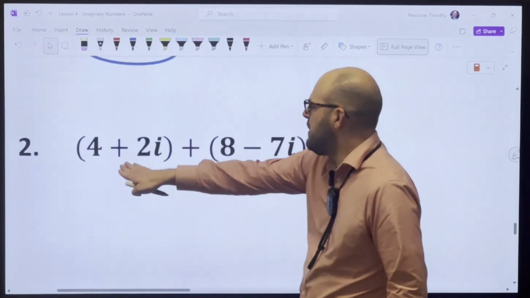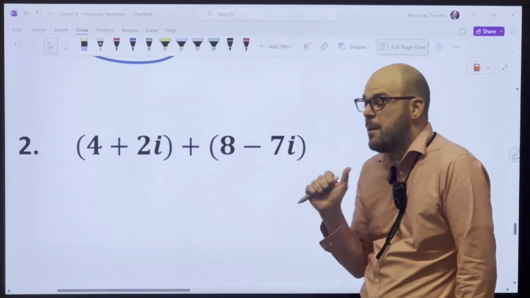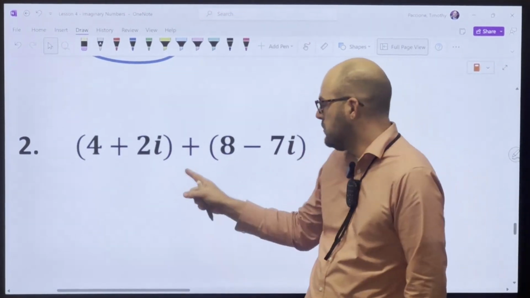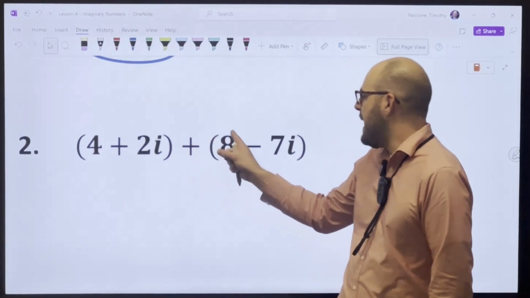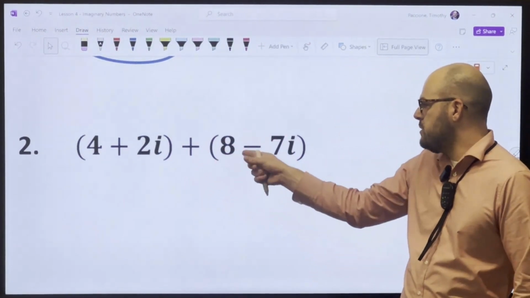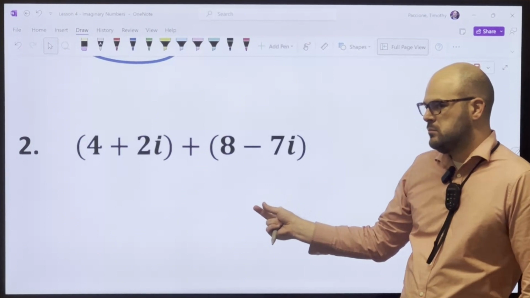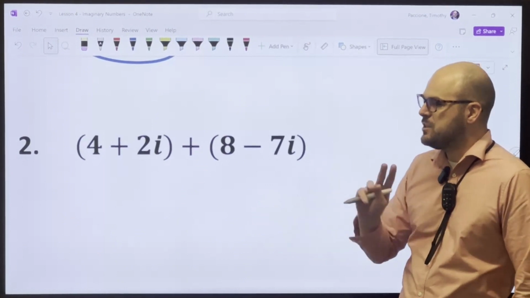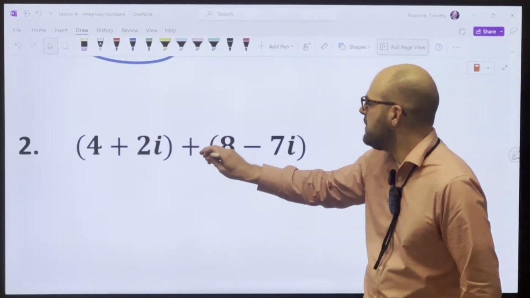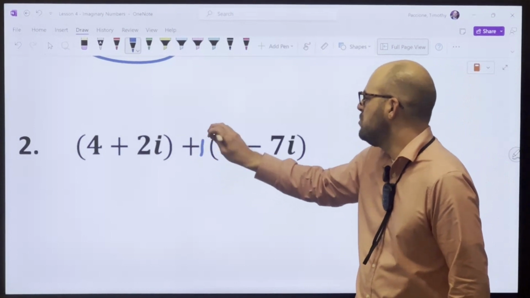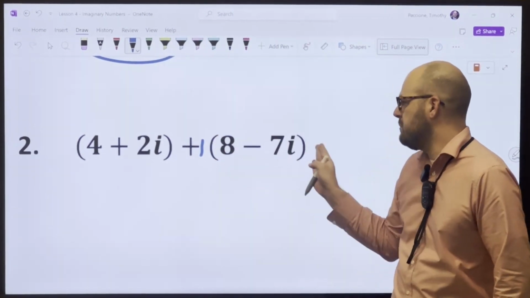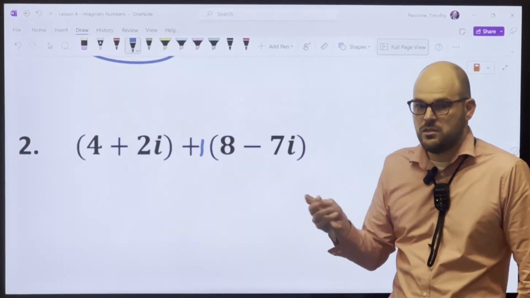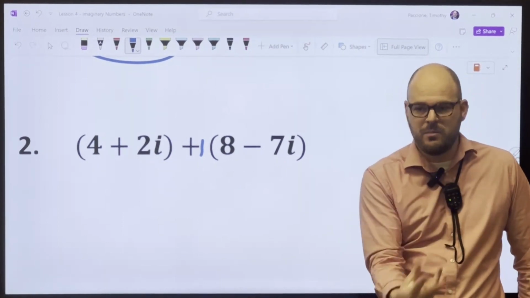Okay, let's keep going. Here, I have a binomial plus a binomial. I'm adding, I'm not multiplying, right? And because I'm adding, are these values going to change? No, because think of it, it's like a plus 1 out here. Plus 1 multiplies through and nothing changes. So if you're adding, just drop your parentheses.